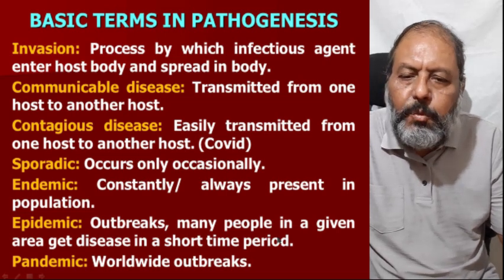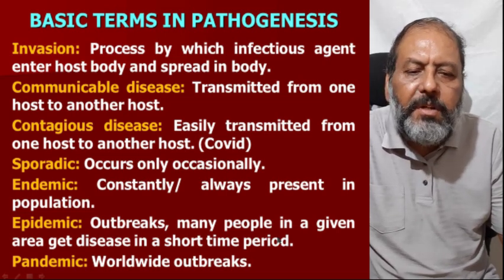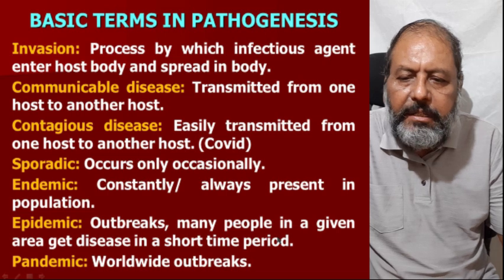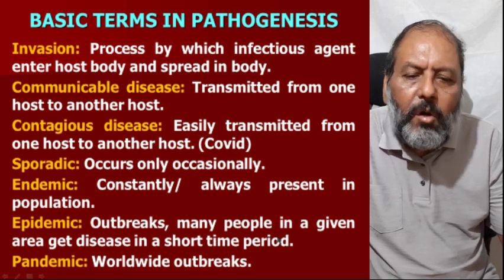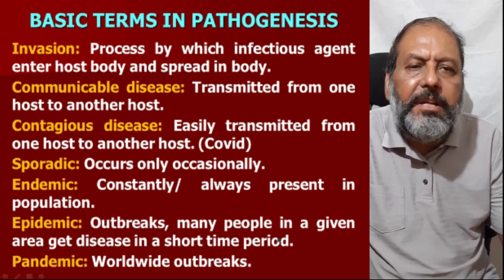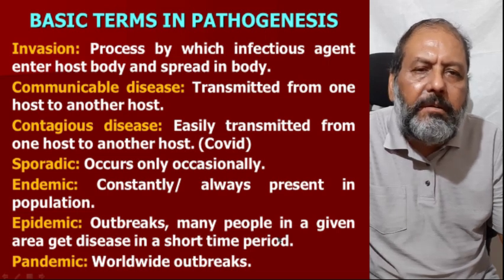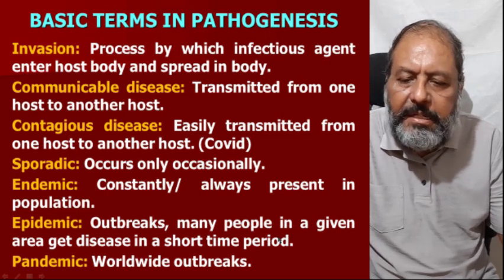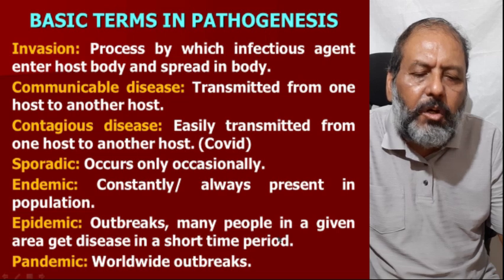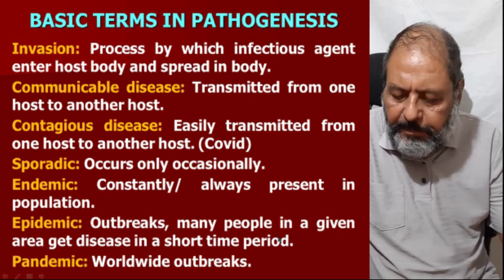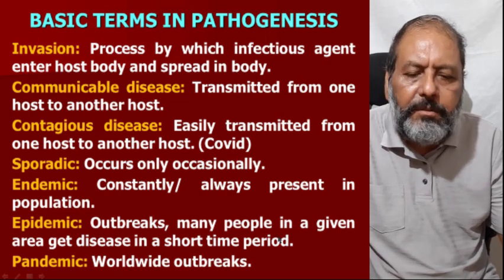Sporadic is a disease which occurs only occasionally, and endemic is constantly and always present in a population. An epidemic is an outbreak where many people in a given area get the disease in a short time period, and a pandemic is a worldwide outbreak of any disease.